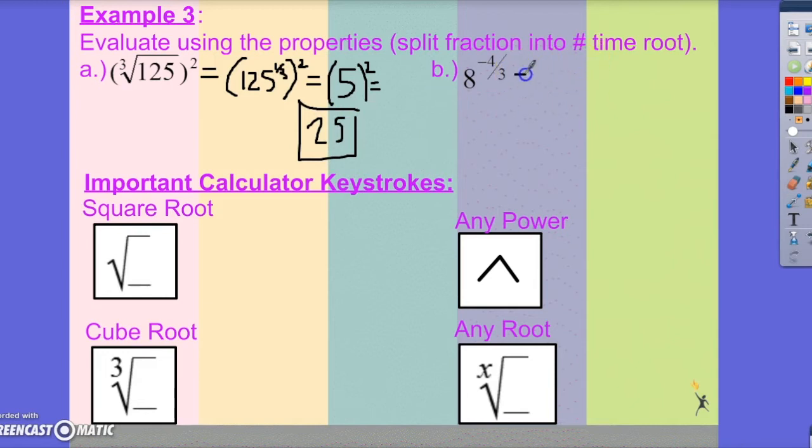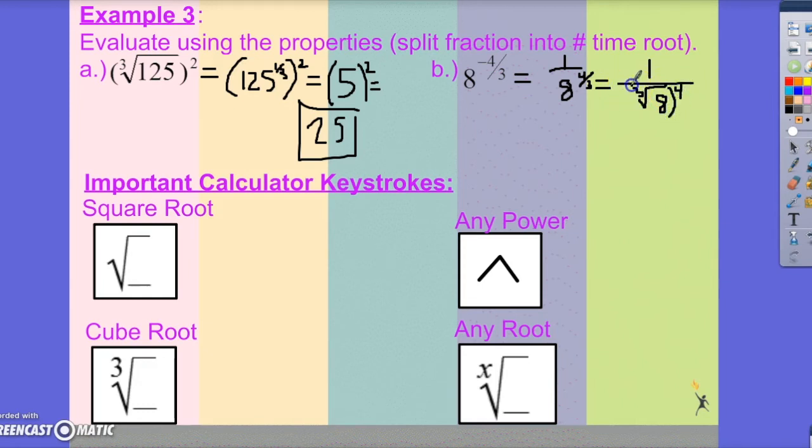And now 8 to the negative 3/4. Don't forget what you do with a negative exponent: flip it, it goes down to the denominator. Let's rewrite this. The cube goes out here, so it's the cube root of 8 to the 4th.